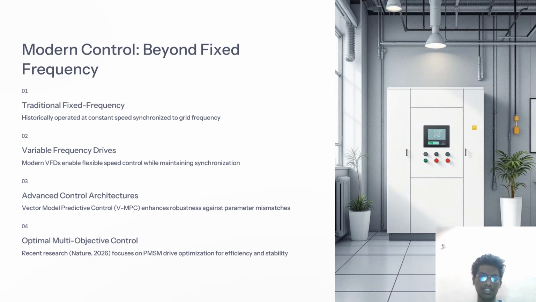Advanced control architecture: vector model predictive control, VMPC, enhances robustness against parameter mismatch. Optimal multi-objective control: recent research in Nature 2026 focuses on PMSM. These motors are mainly used in EVs, EV cars and EV commercial vehicles. PMSM drive optimization for efficiency and stability.